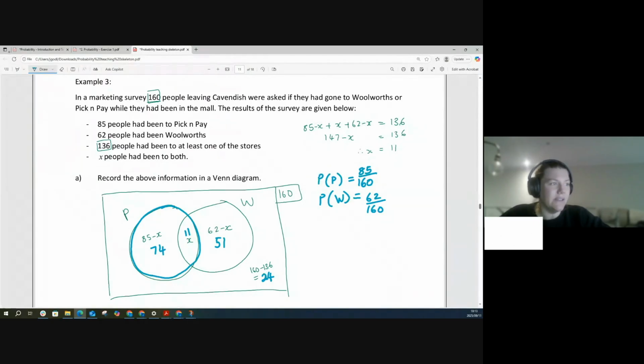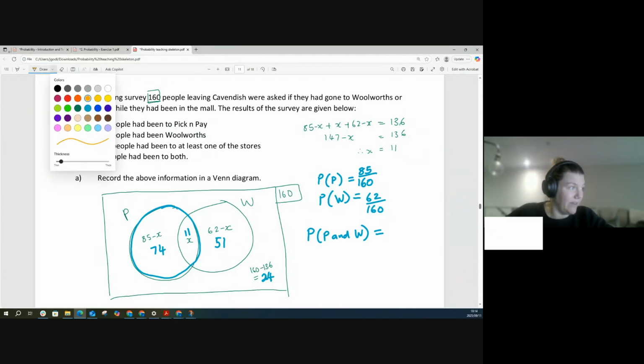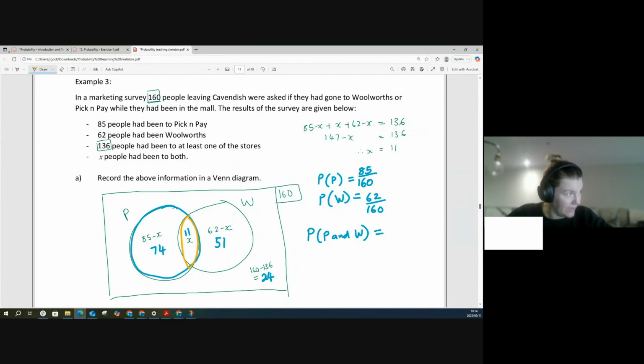What is the probability of people who went to Pick and Pay and to Woolworths? So that means they went to both stores. Good. That's just 11. That's just this dude over here, because they're the only ones who went to both. So that's going to be 11 out of 160.